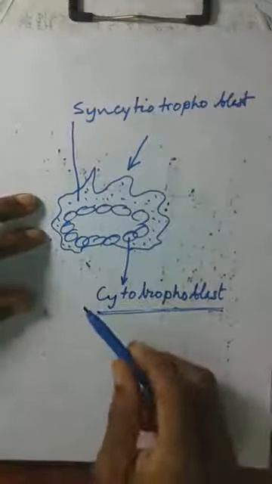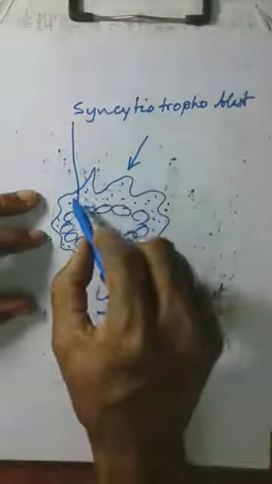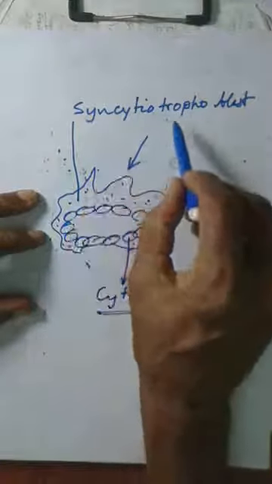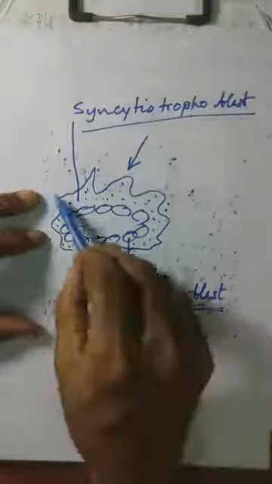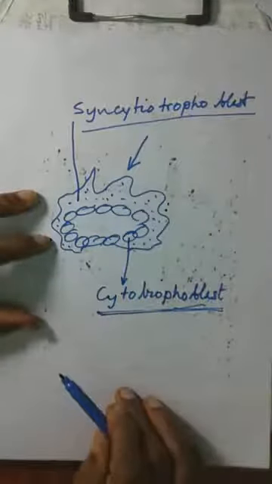I will explain later. So these are the two layers of cells.